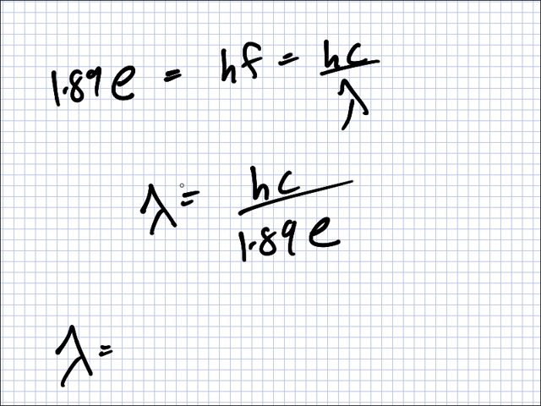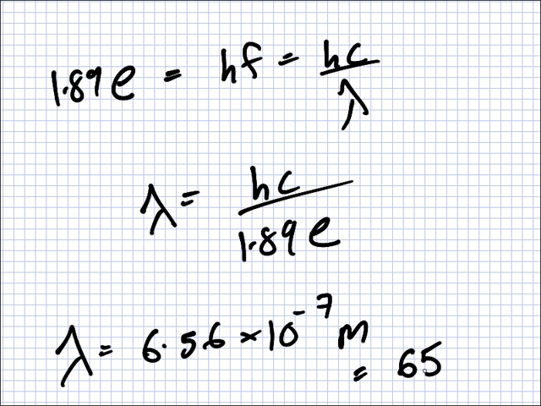You should use joules. That's why I put the e. I get 6.56 times 10 to the minus 7. You know how I like it, 656 nanometers. This makes me happy. Okay, next.